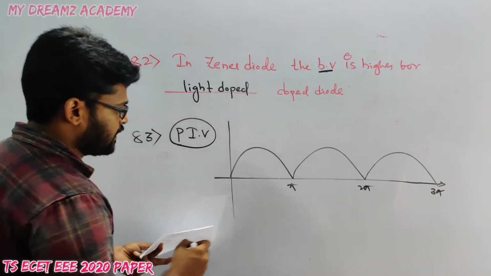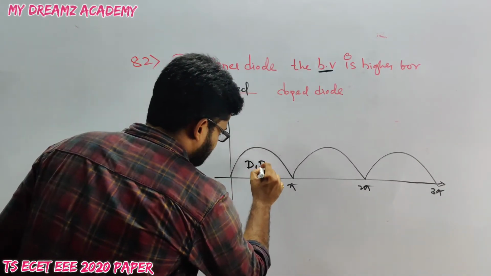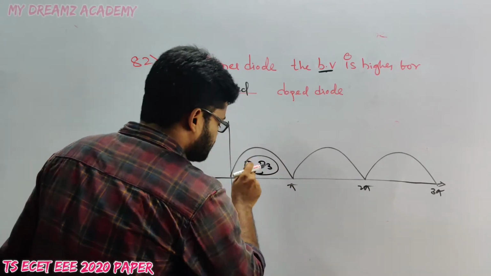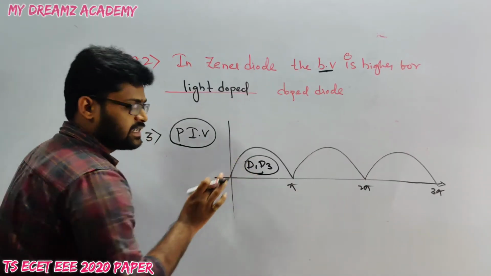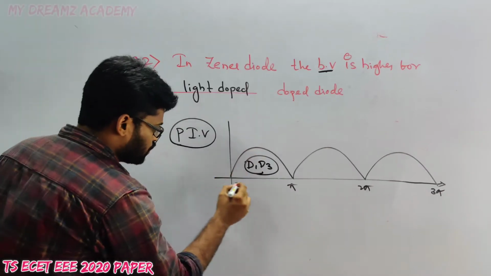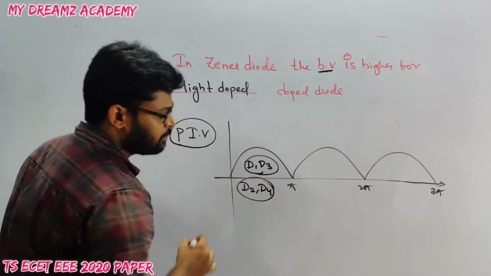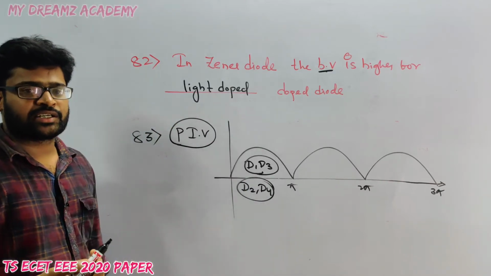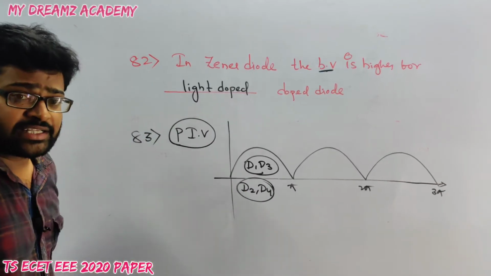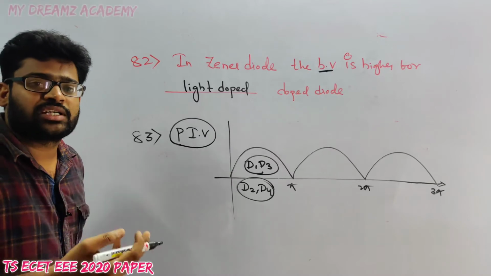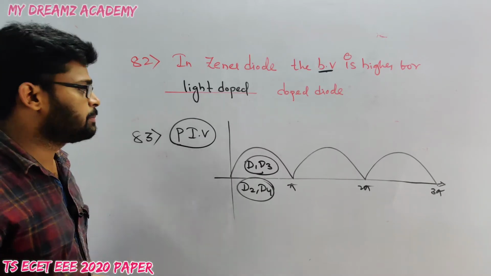Let us say D1, D3 are on in this case. The remaining two diodes, that is D2 and D4, will be in reverse bias condition. In the reverse bias condition, the maximum voltage that we are giving is called peak inverse voltage.